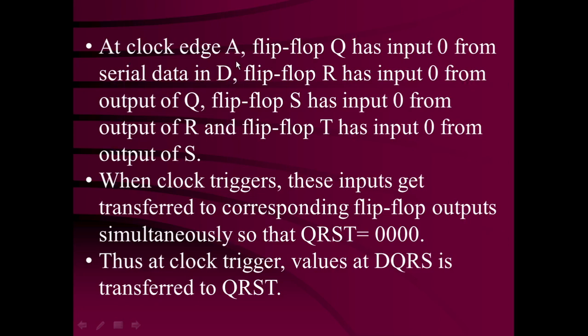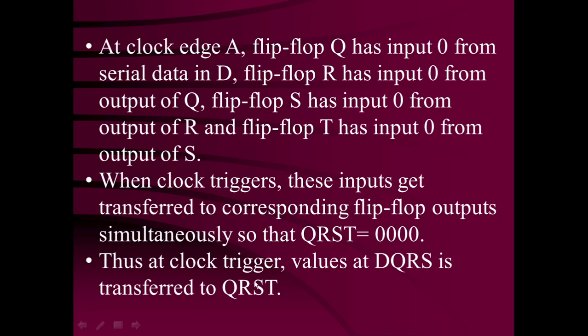At clock edge A, the flip-flop Q has input 0 from the serial data input D. The flip-flop R has input 0 from the output of the flip-flop Q, flip-flop S has the input 0 from the output of R, and flip-flop T has the input 0 from the output of S. When the clock triggers, these inputs get transferred to the corresponding flip-flop outputs simultaneously, so that QRST becomes 0000.